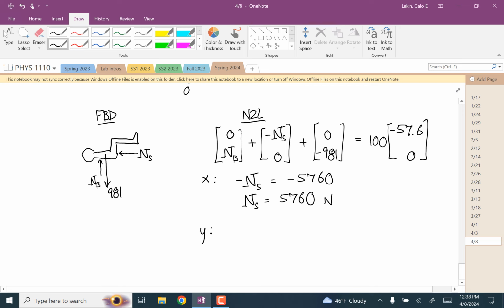The y equation says N_B minus 981 is equal to 0. So N_B is equal to 981. So the seat is applying a force to the pilot of almost 6,000 newtons. And the back of the chair is applying a force of 981 newtons.